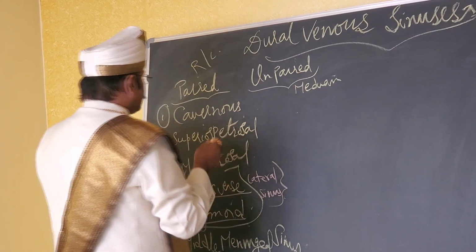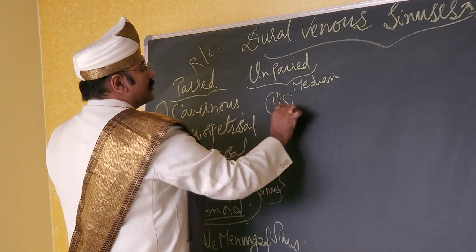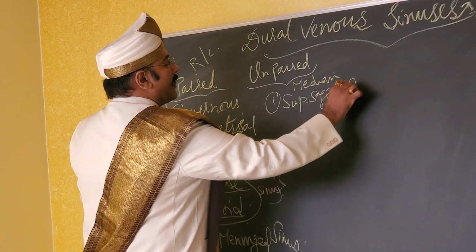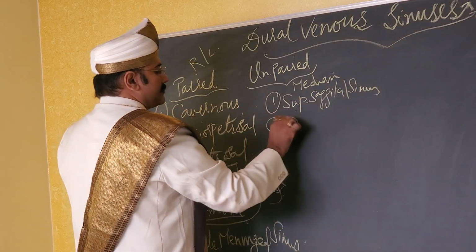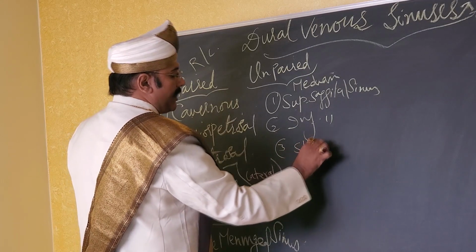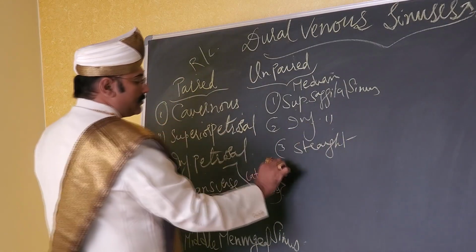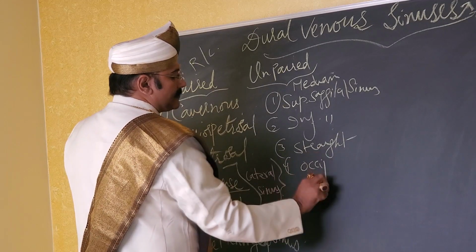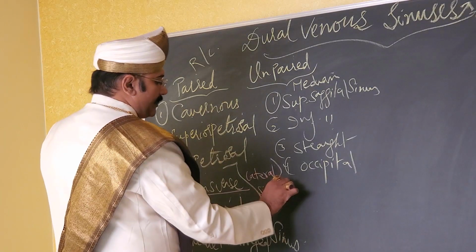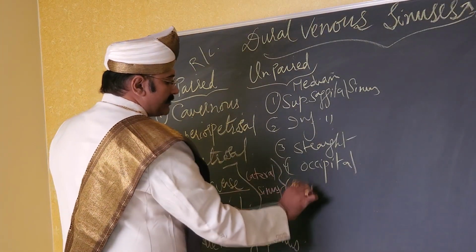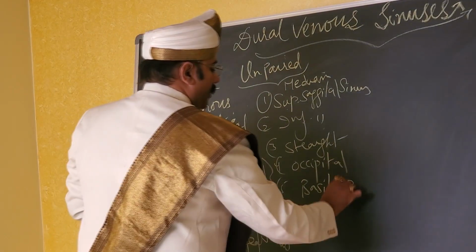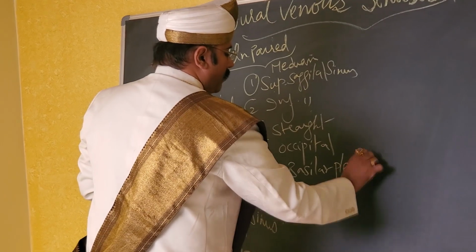The unpaired sinuses are the superior sagittal sinus, the inferior sagittal sinus, the straight sinus, then the occipital sinus, and then you have got the basilar plexus of veins.